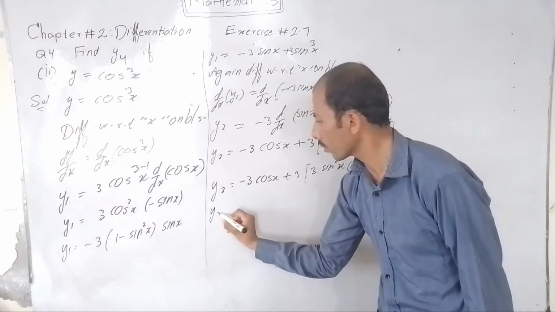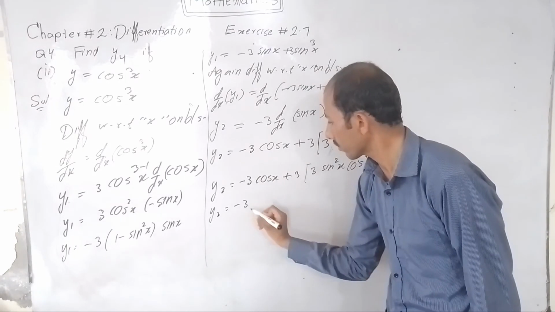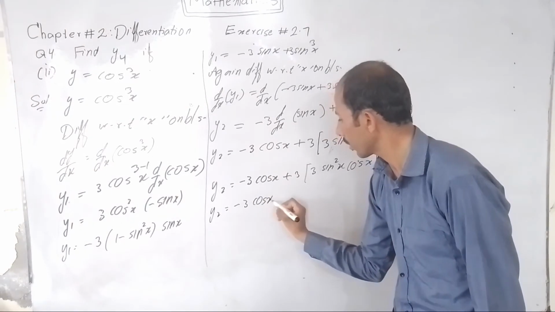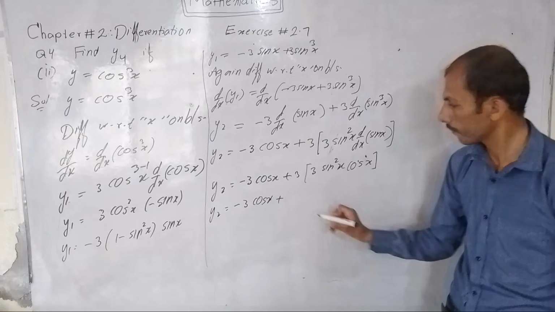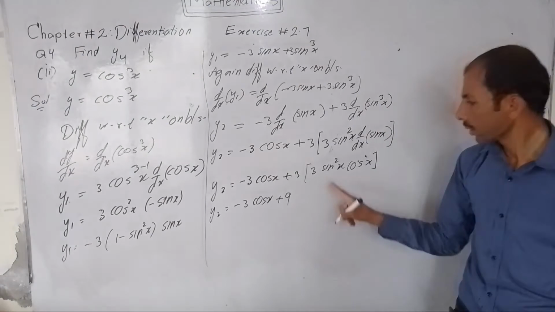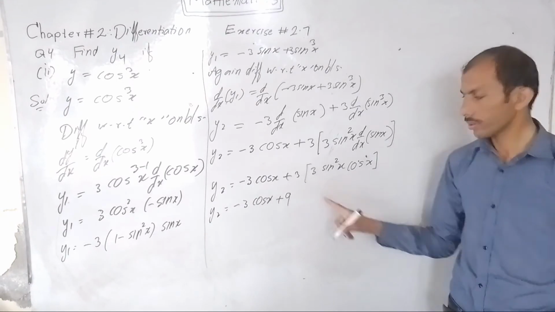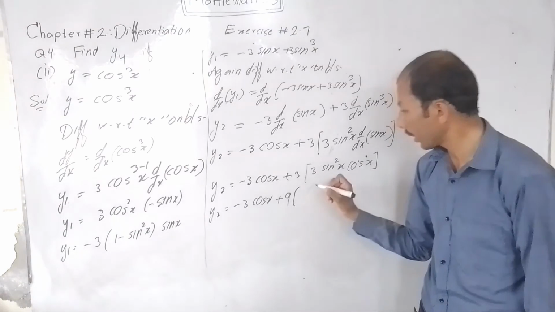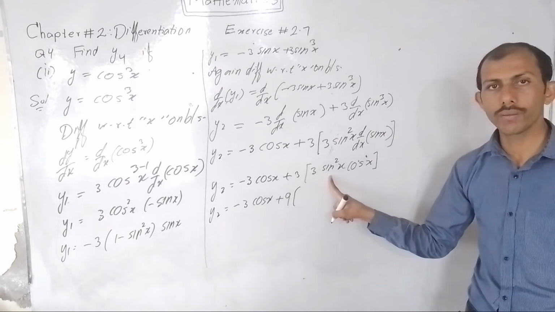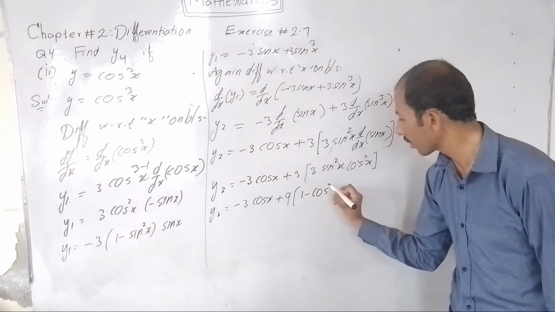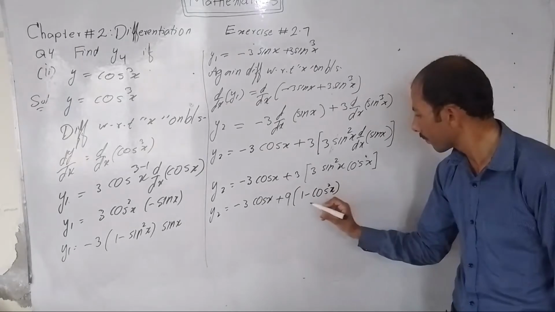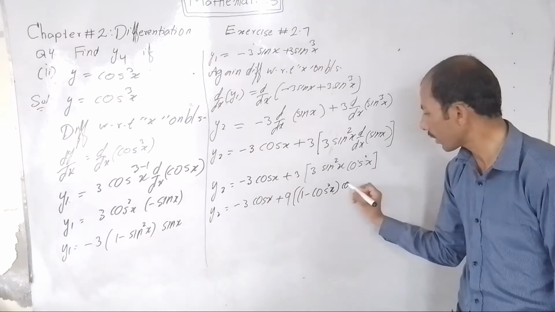y2 is equal to minus 3 cos x plus 3 times 3, that is 9, sin square x, which can also be written in the form of 1 minus cos square x, into cos x.